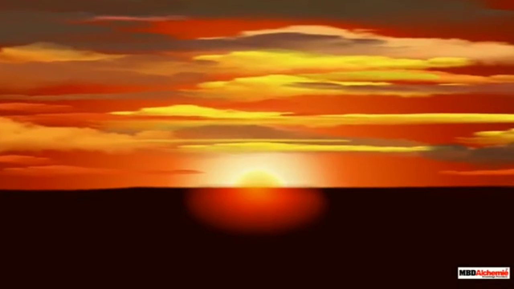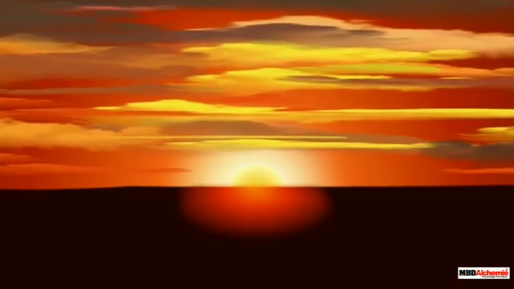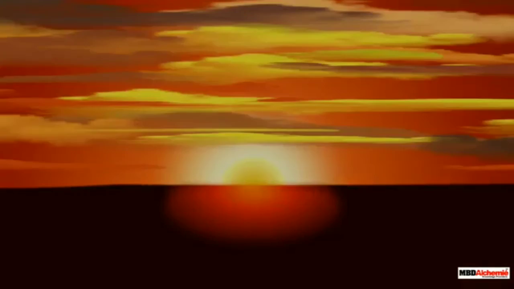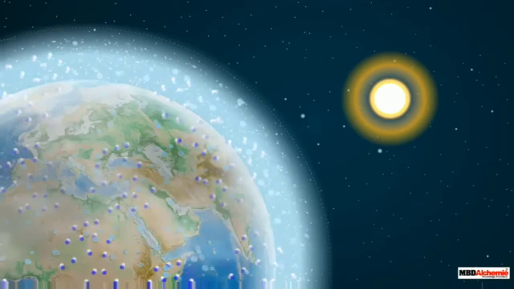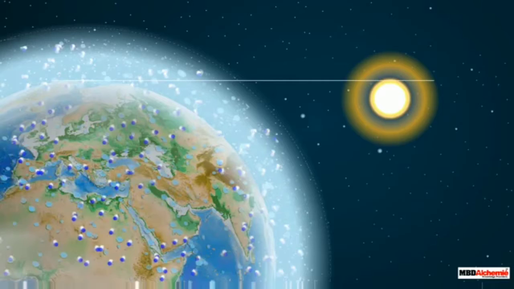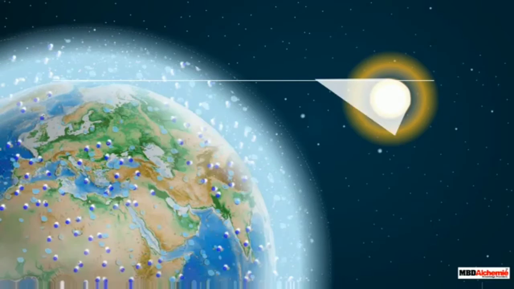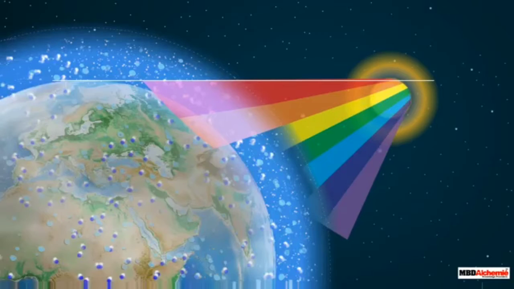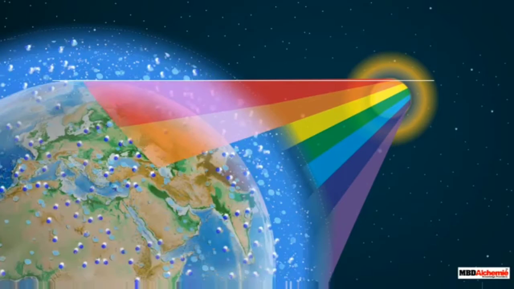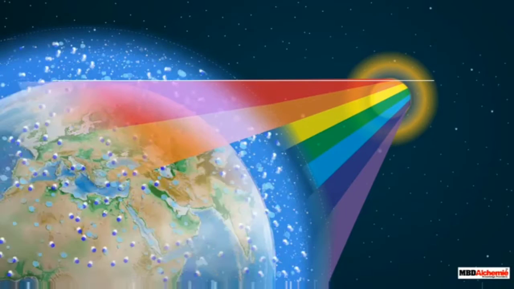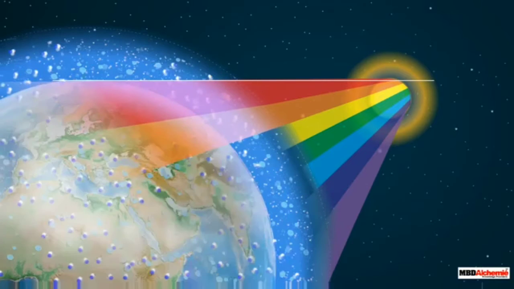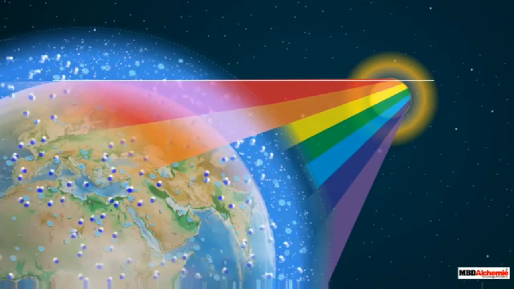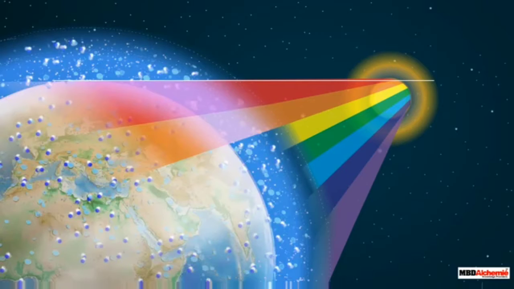Let us now try to understand how scattering of light makes the sun appear red at sunrise or sunset. At the time of sunrise or sunset, the sun is near the horizon. The light from the sun near the horizon passes through a large distance in the Earth's atmosphere before reaching our eyes. While traveling through this large distance, the blue light scatters away in all directions before reaching our eyes.